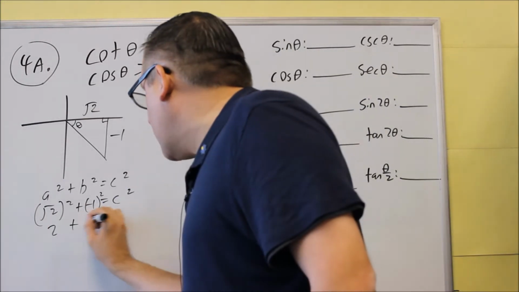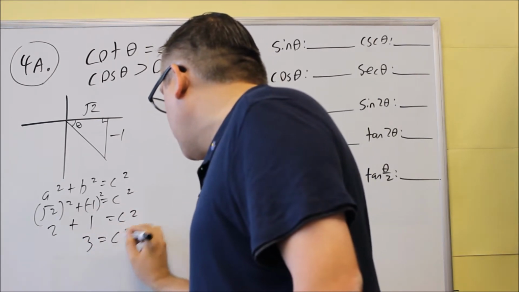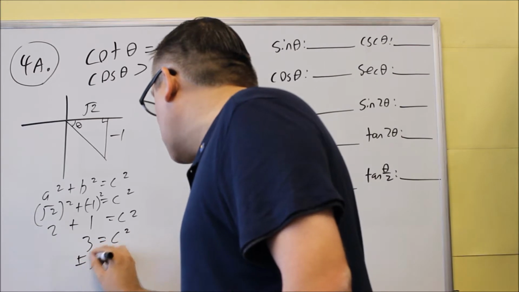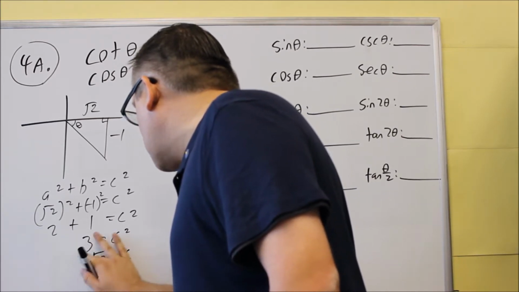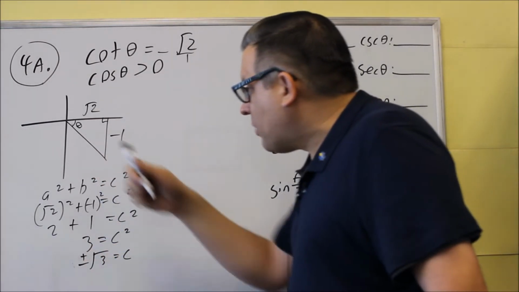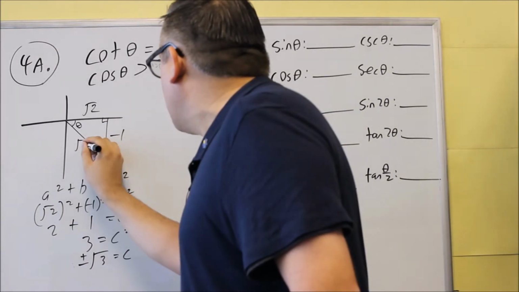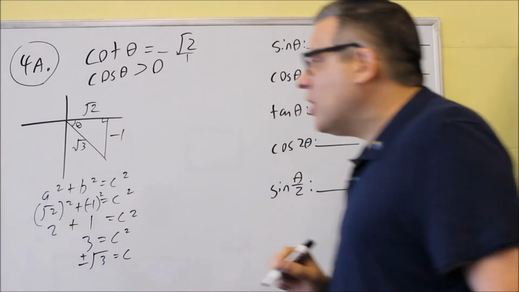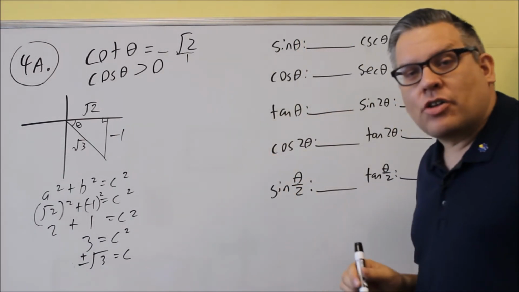You'll get 2 plus 1, which is 3. And then you're going to get plus or minus the square root of 3 as your value for c. So let's put that plus or minus here. Now the hypotenuse is always going to be positive no matter what. So that's going to be positive square root of 3 that we'll have for that one. Okay, so now we have that the triangle is complete.